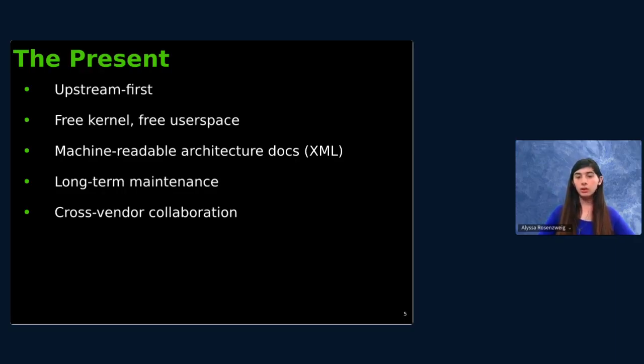Along with free software means some form of documentation. In some cases, like Intel and AMD, you will find the architecture specifications being released for free, both gratis and libre, on the vendor website.